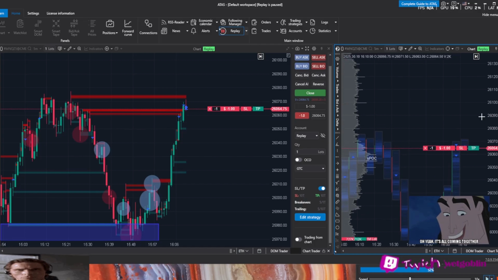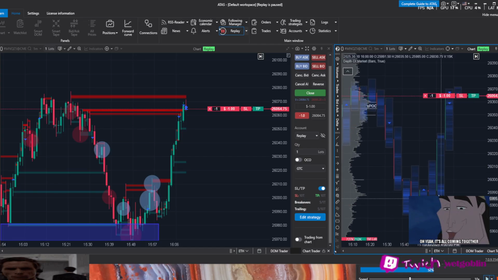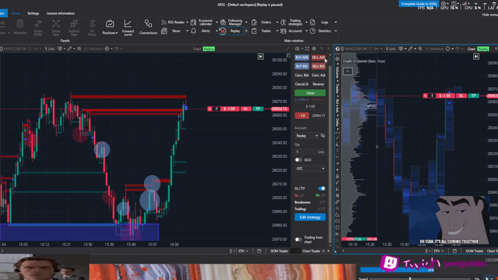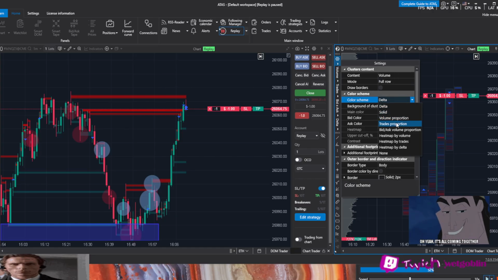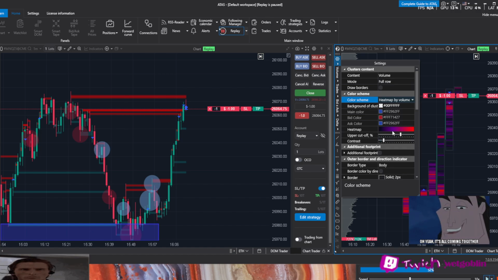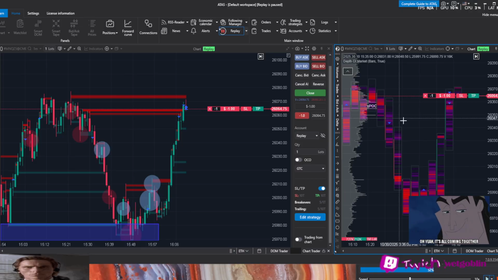And then this thing, I'd love to see cluster content volume full row. It's a little more helpful, I think. Let's try it.